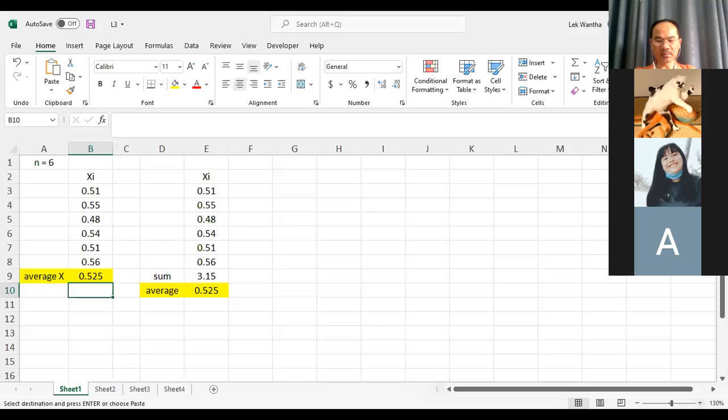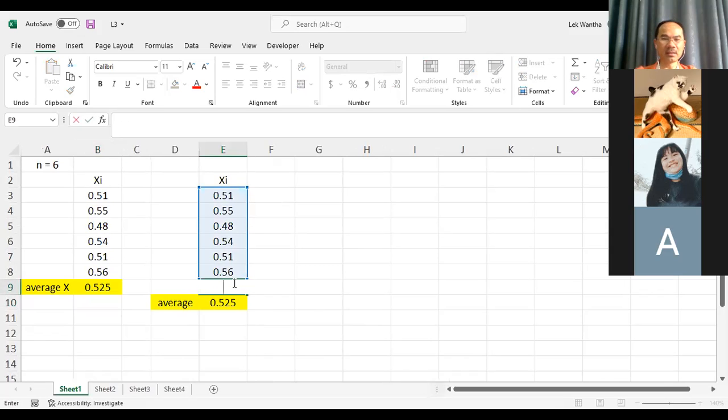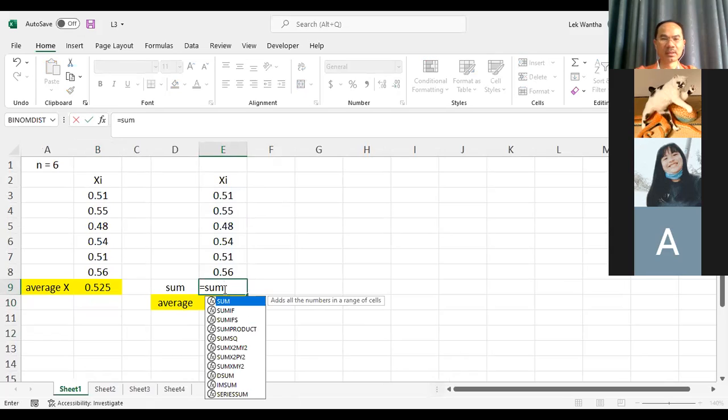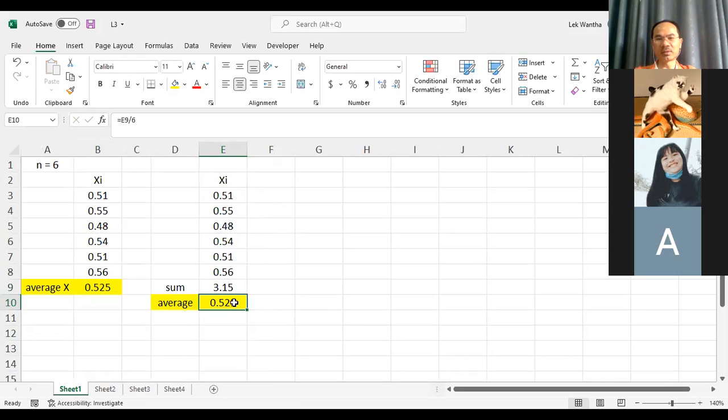We have at least 2 techniques in Excel. The first technique is direct calculation. The first thing you have to do is sum this value, using the built-in function sum. You get the sum equal to 3.15, and then you calculate the summary value divided by n equal to 6.